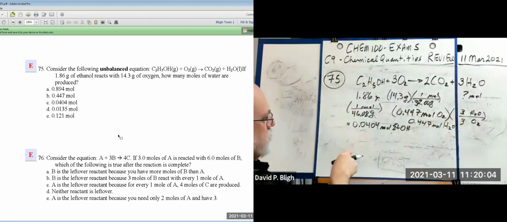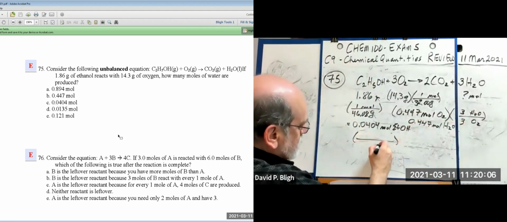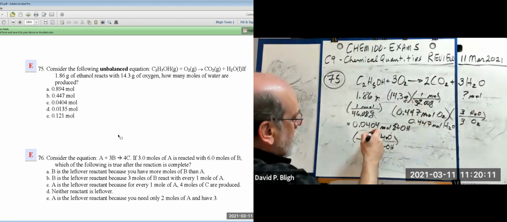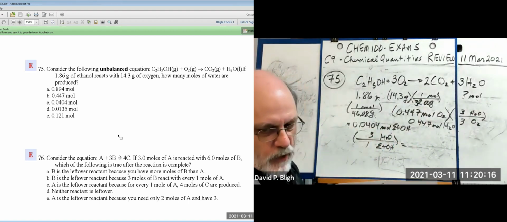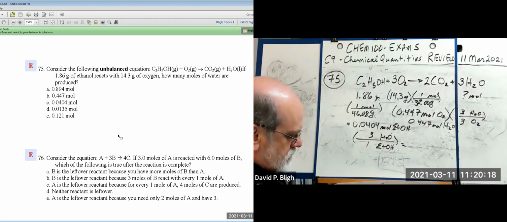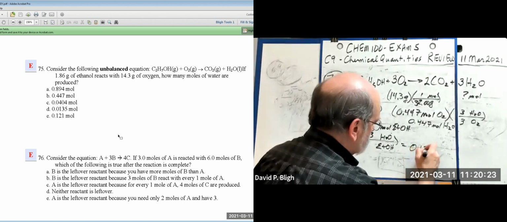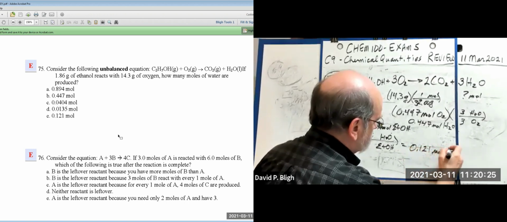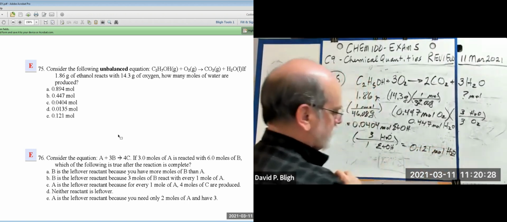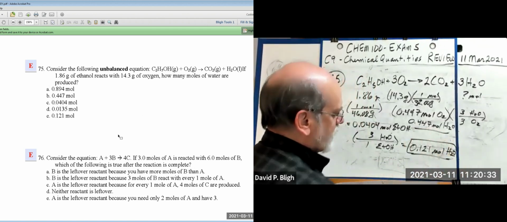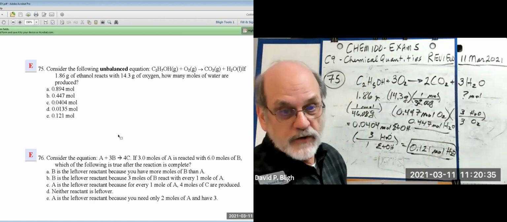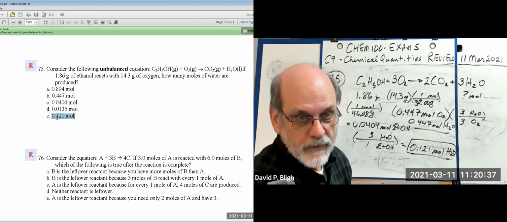How about this one? So 3 waters and 1. So we need 3 times that. So 3 times 0.0404 is 0.121. Right? Compared to 0.4, this is the least amount. So that's the limiting one, 0.121. Right there.